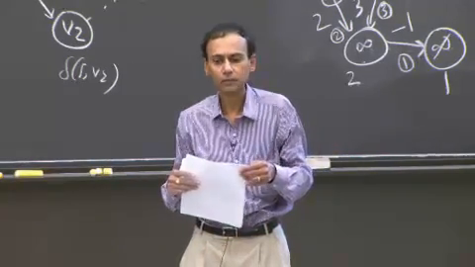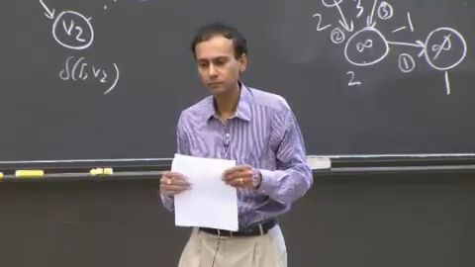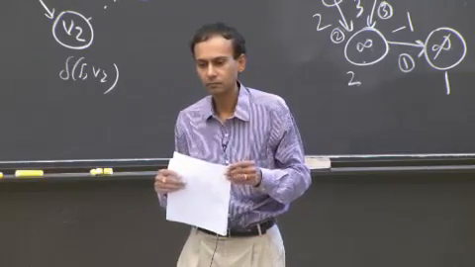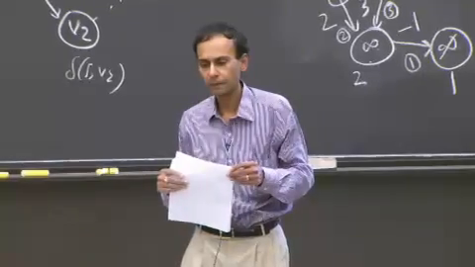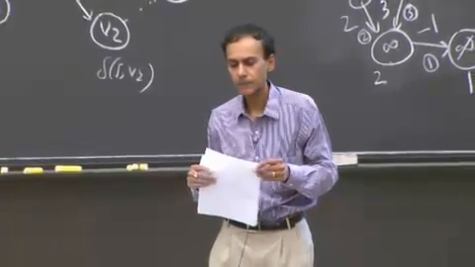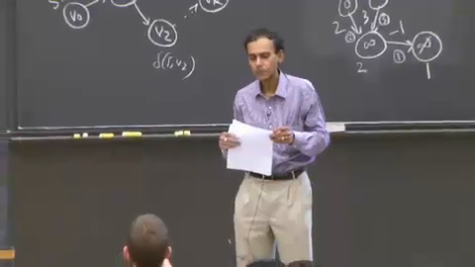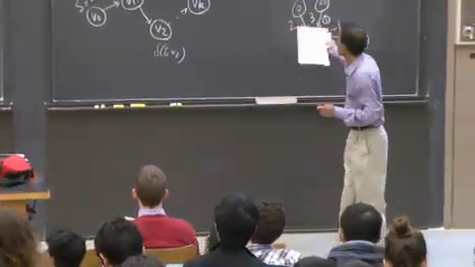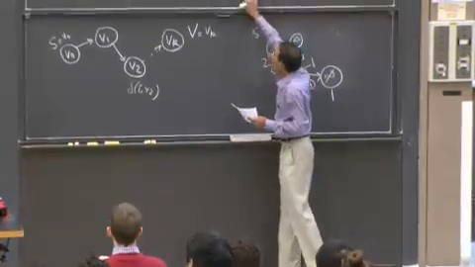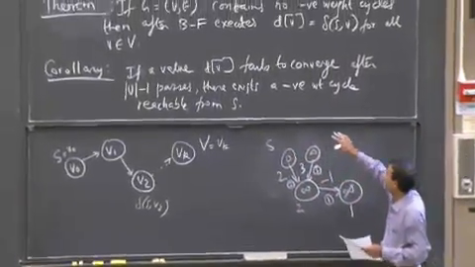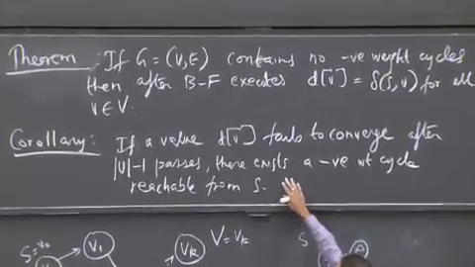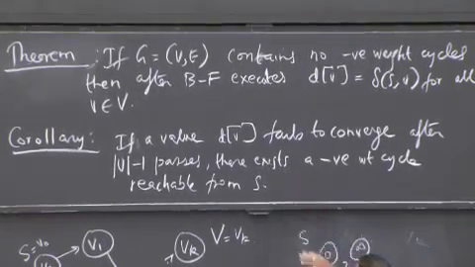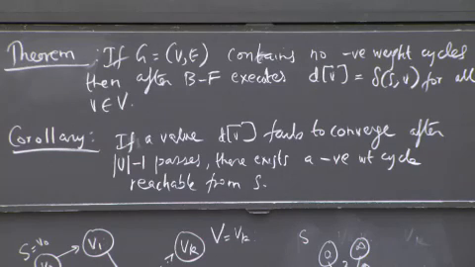In the corollary, does that assume you have a connected graph? Because you could have a negative weight edge in a separate part of the graph which isn't reachable from us. Yeah, so remember your initialization condition: what is affected by S?